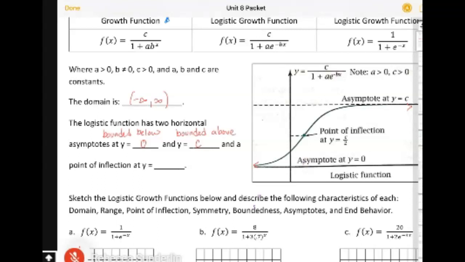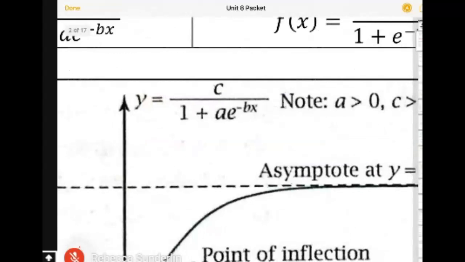Now, C is very special. C is what is called, oh my gosh, I forgot the word. Capacity. Oh my goodness.